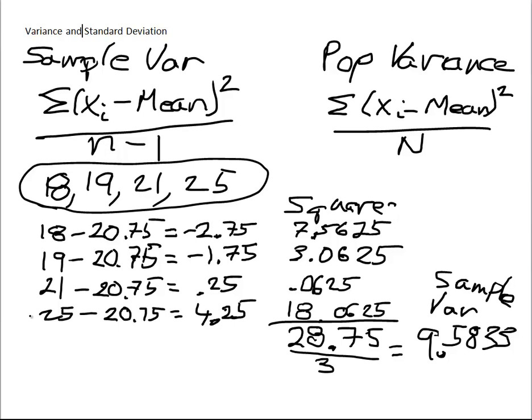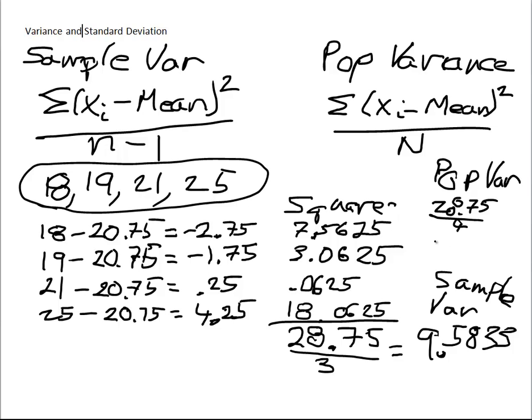Now if it's population variance, notice it's the same thing on top, so I take the 28.75 and divide by not 3 but 4. So let's take our population. I'm going to write it up here. So population variance, which is 28.75 divided by 4. What is 28.75 divided by 4?